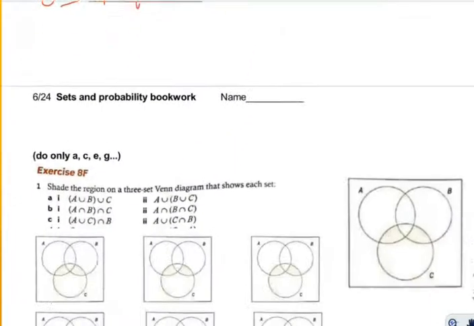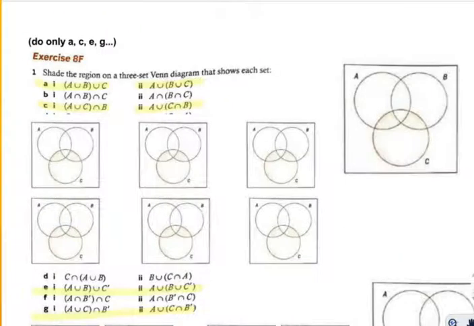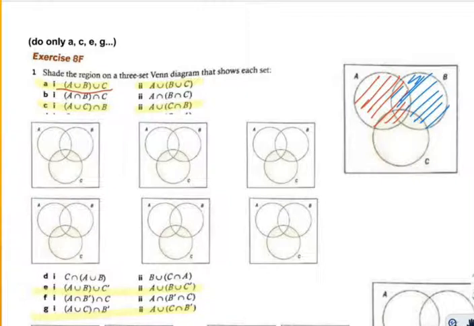Okay, moving on. We're just doing the odds again, A, C, G. So first we're going to do A union B and then union with C. If we took the union of both of those, we would just basically be saying everything, because union is everything.